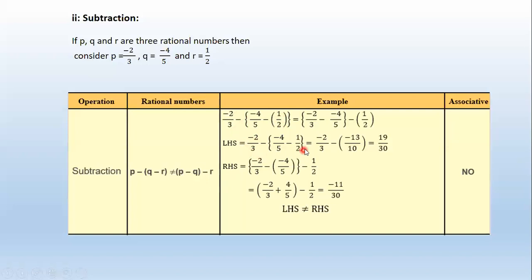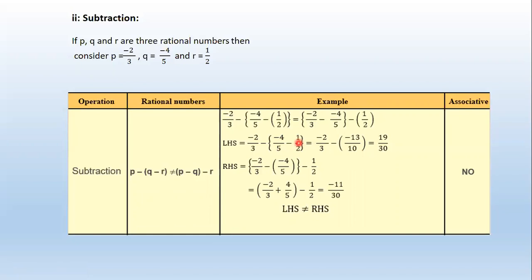So we'll solve the left hand side first. Minus 2 by 3 as it is. Then we'll solve the first bracket. We are doing the subtraction. First we multiply the denominators, an easy method of doing subtraction: 5 into 2 is 10. Then cross multiply: minus 4 into 2 is minus 8, 5 into 1 is minus 5.